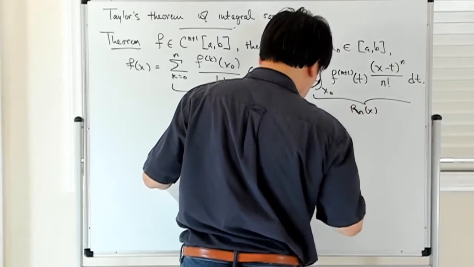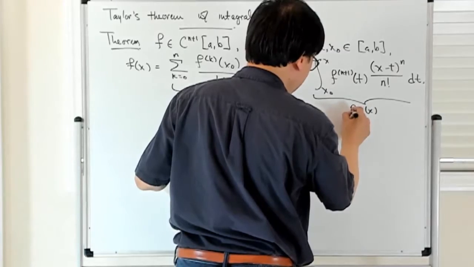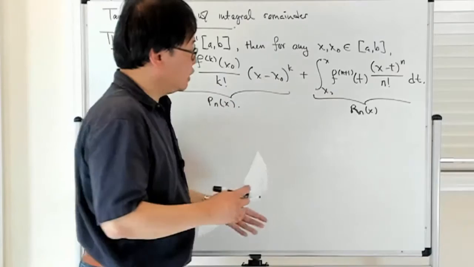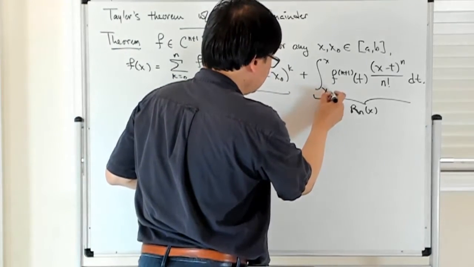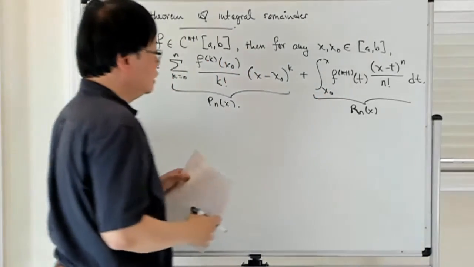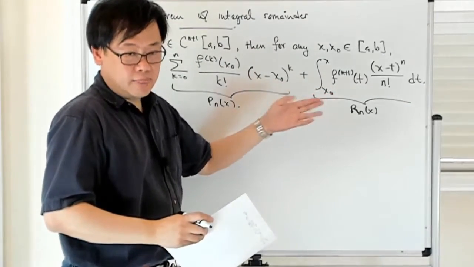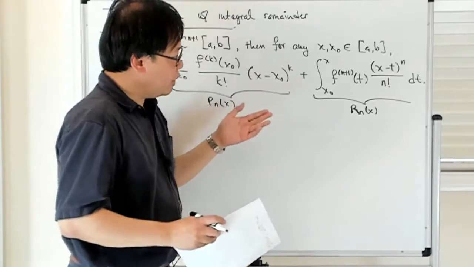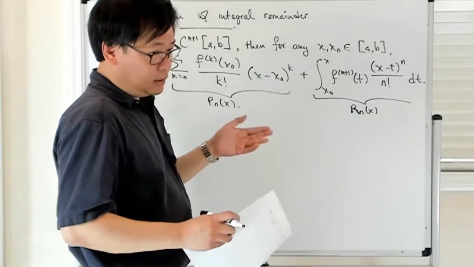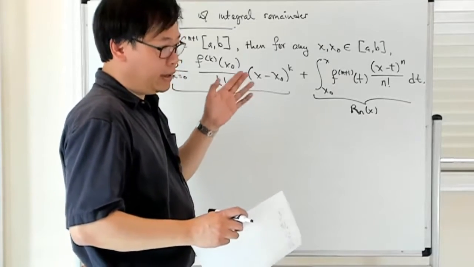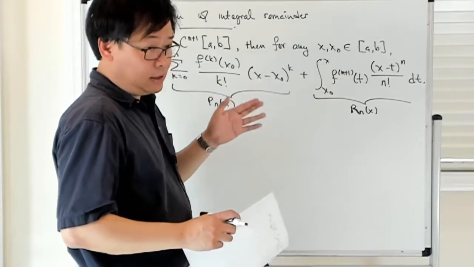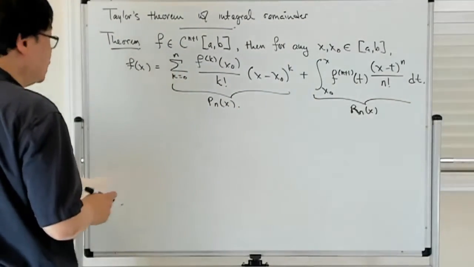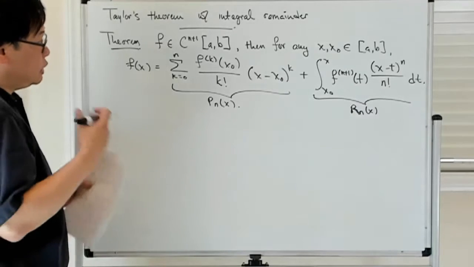And as we saw before, by some application of a mean value theorem for integrals type result, you can rewrite this into the more common expression for the remainder term. It says that the remainder is the n plus first derivative of f, multiplied by x minus x0 to the n plus first power, evaluated at some point between x0 and x.